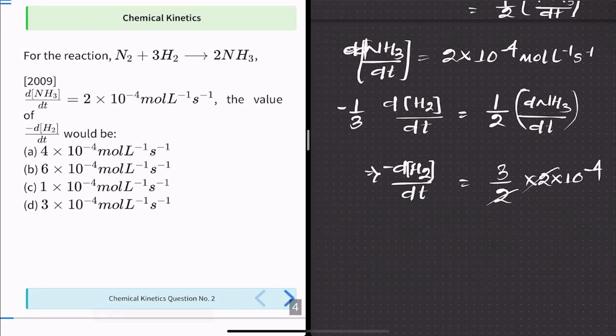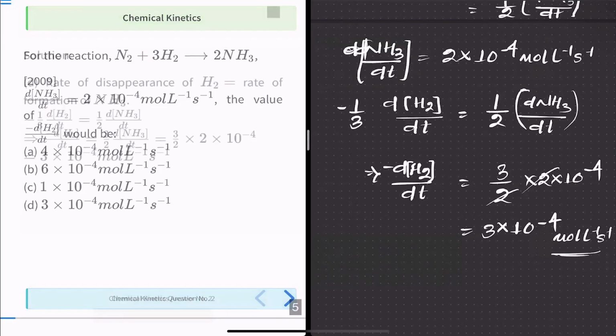So the 2 cancels out. It is equal to 3 into 10 to the power minus 4 mole per liter per second. So the answer would be option D, the rate of disappearance of hydrogen. So let's move on to the next question.